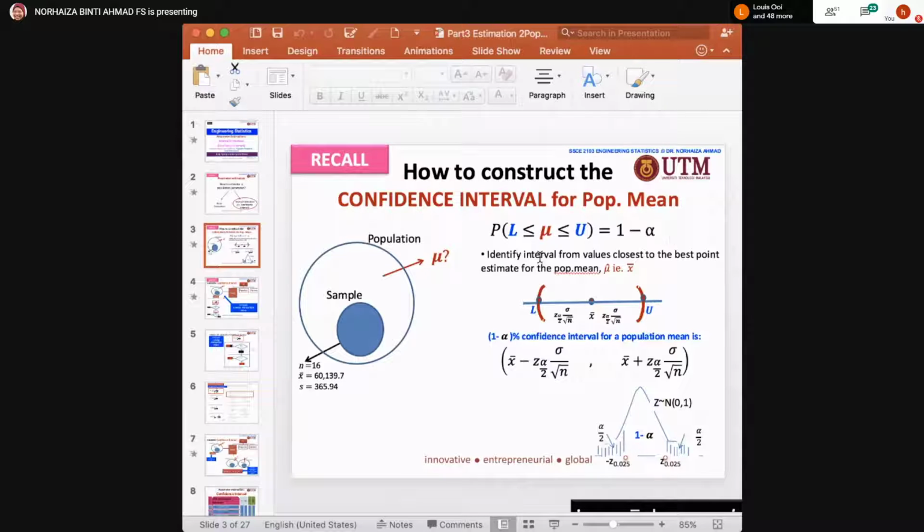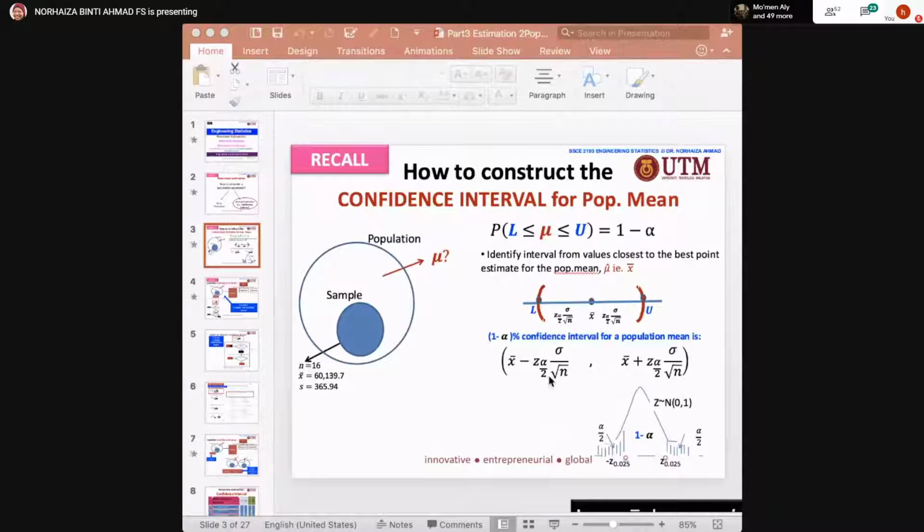So in the last class, we looked at the confidence interval for a population mean, and this is the interval. This is our lower limit, and this is the upper limit. Why is there a minus and plus sign? Because the value that we base our estimate on is x bar, and x bar has a sampling distribution which is normal, and normal, as you know, is symmetric.